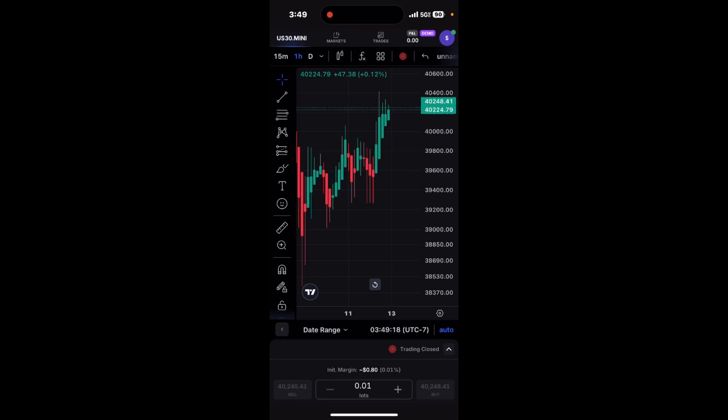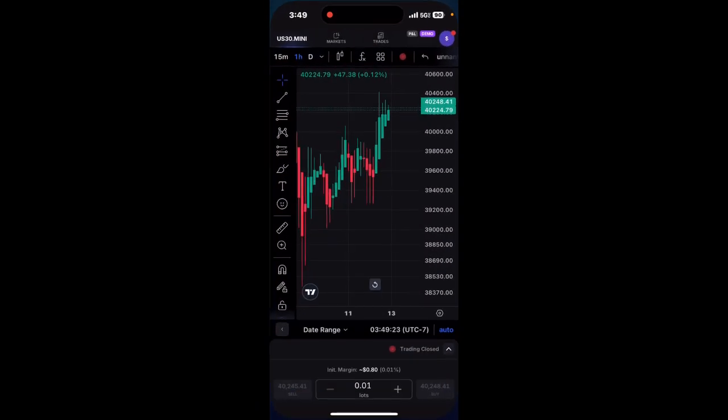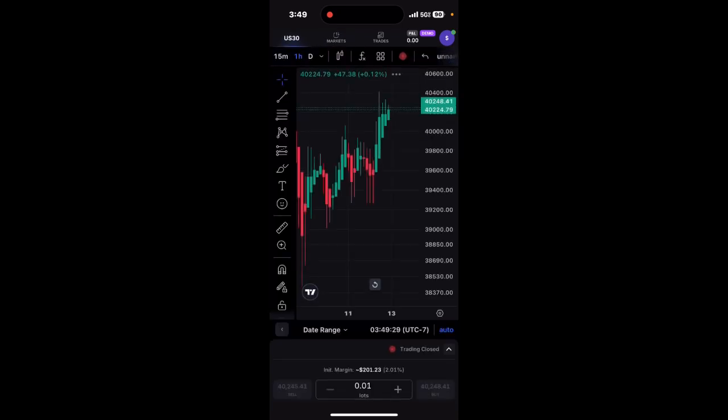So real quickly, what I want to look at is some trades. Now, of course, and this is important to note, when you trade the regular US30, you have to have about $200 in there to trade it.